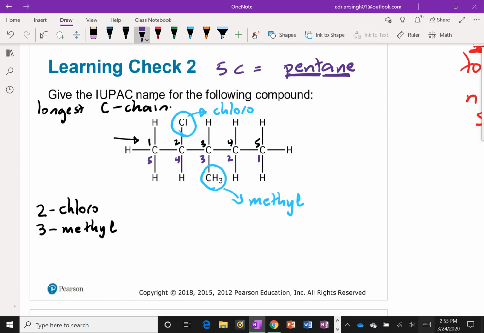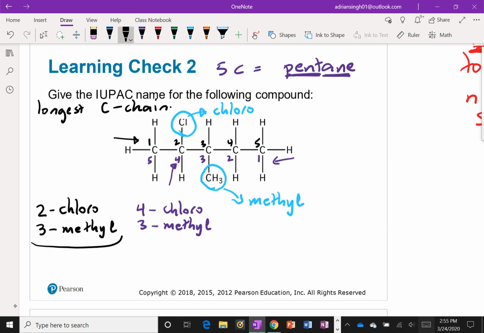If we use the purple numbering system going from right to left, we'll see the methyl is on carbon 3, so it'll be 3-methyl. But now the chloro is going to be on number 4 right here. So that would be 4-chloro, right? So when you number it from left to right or from right to left, we're going to choose a numbering system that gives us the lowest numbers possible in total.